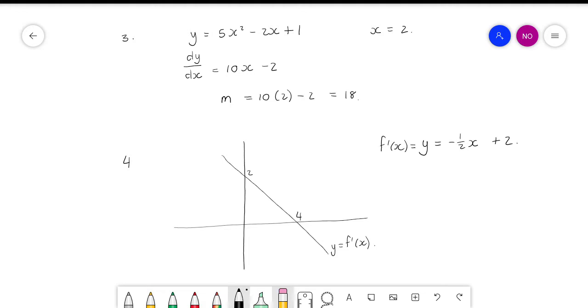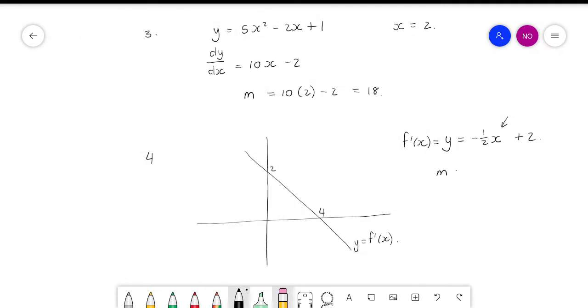So as hulle vra vir wat sal die gradiënt wees by x is gelyk aan 0, dan is daai mos 2, want dit is sy y-afsnit. Onthou hierdie lyn gee vir jou die gradiënt. This line represents the gradient of the original graph. So what is the value of this line at x equal to 0? 2. Nee, want dit is sy y-afsnit. Stem julle saam? Okay, so that's all you had to write there.